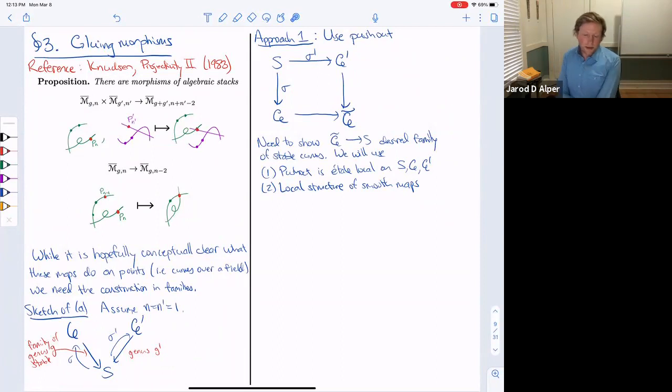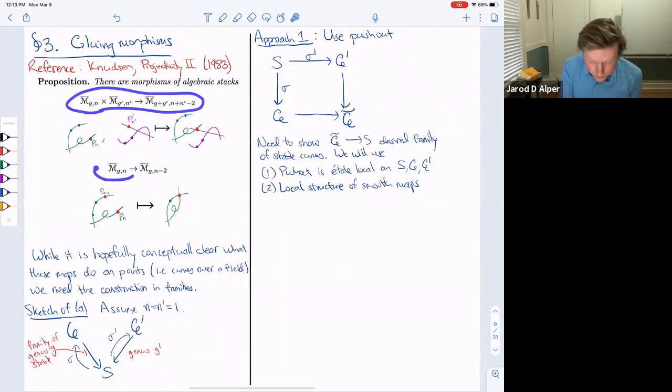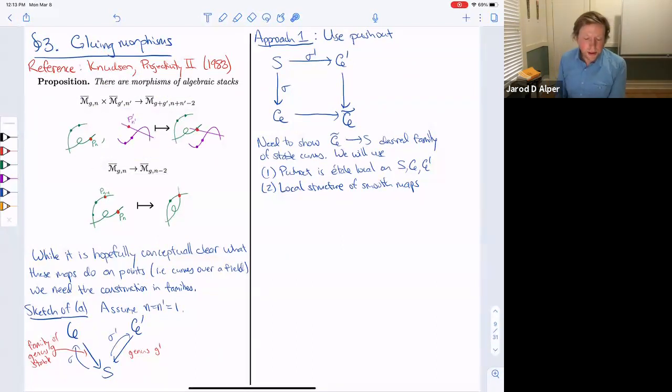And so our goal is to define two types of morphisms. The first takes a genus g curve and a genus g prime curve and glues the nth marked point to the n prime marked point. And this map should just glue these two sections, the green curve to the purple one.